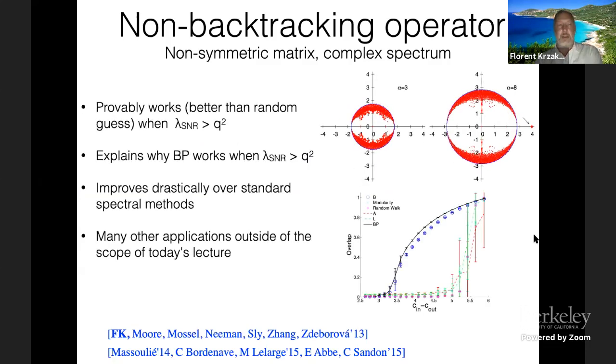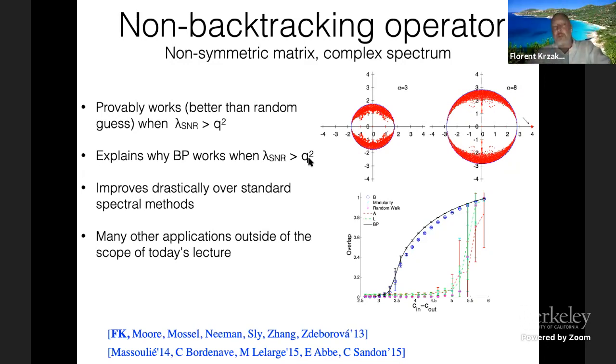All right, now we have been able to make progress. We have this matrix. We can actually provably show that it's working better than random, at least when lambda is larger than q squared. Now we understand why BP works when lambda is larger than q squared. It's because BP, at the first step when its messages start to be a bit different from 1 over q, is following the non-backtracking operator.